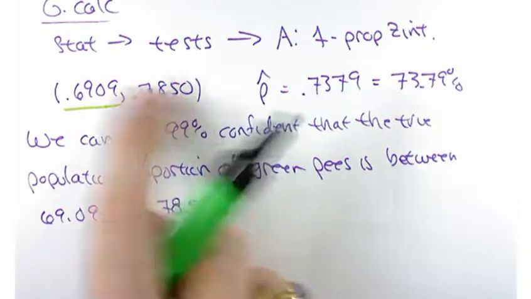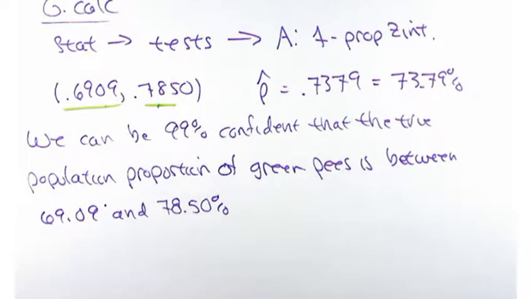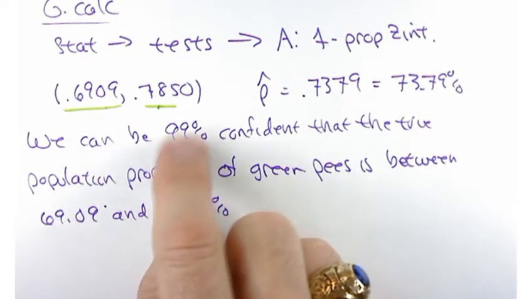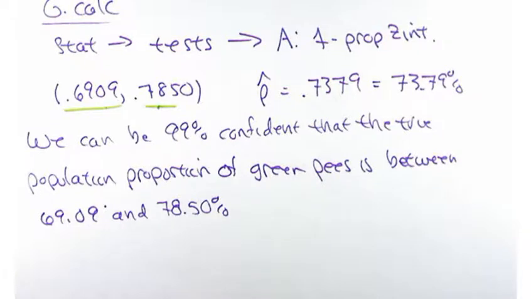And since 75% is in that interval, it doesn't contradict Mendel's experiment or his expected results of 75%. In fact, it falls nicely within there. So it's not a contradiction.